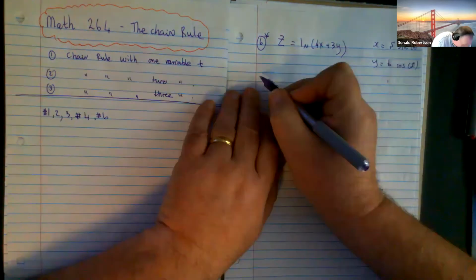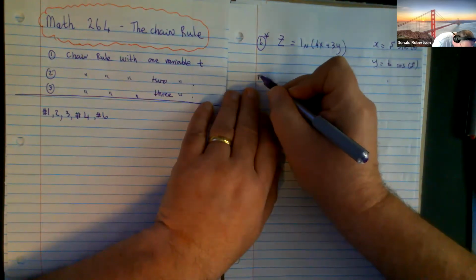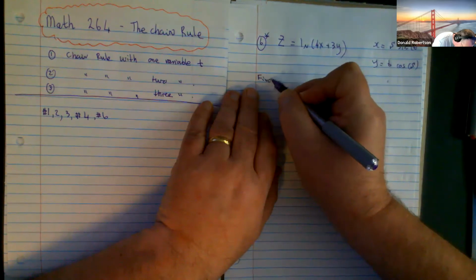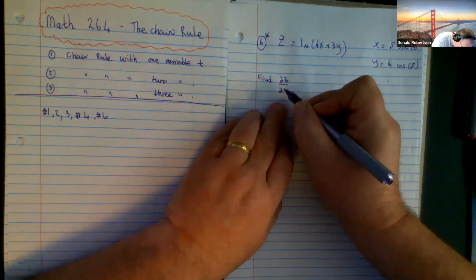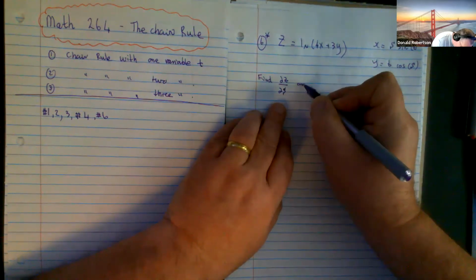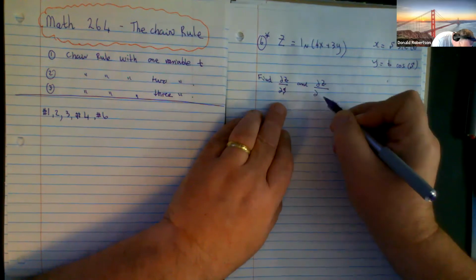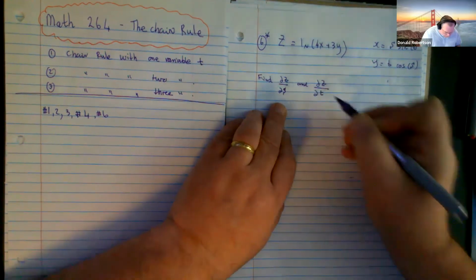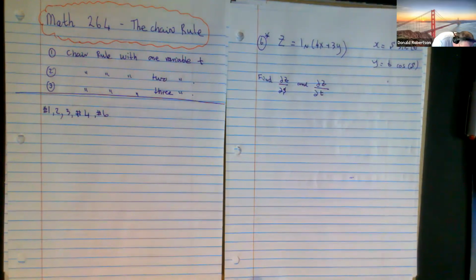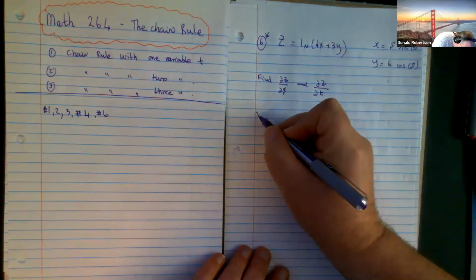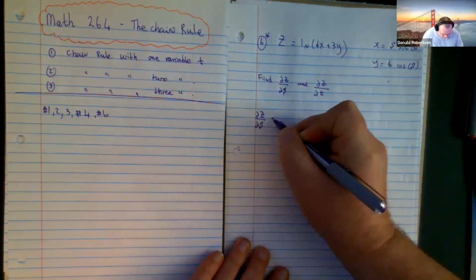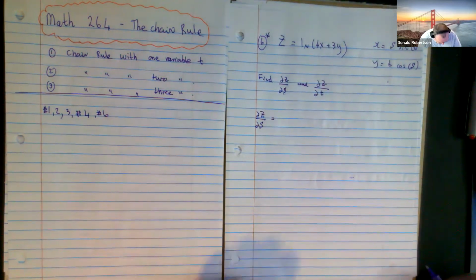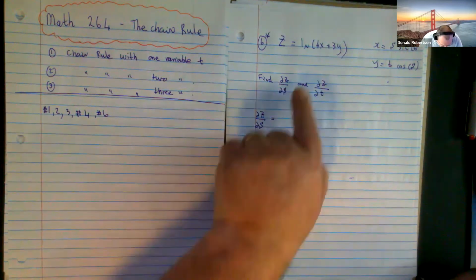And you are going to be asked to find two different derivatives in these situations: the partial derivative of z with respect to s and the partial derivative of z with respect to t. I'm just going to pick one of them. I'm going to pick the first one. Now, if you want to find this guy, z is in terms of x and y.